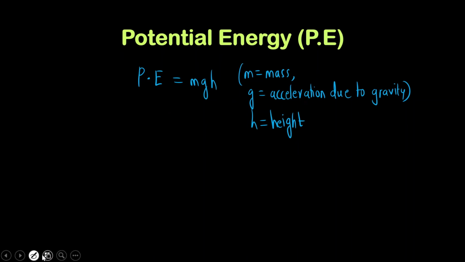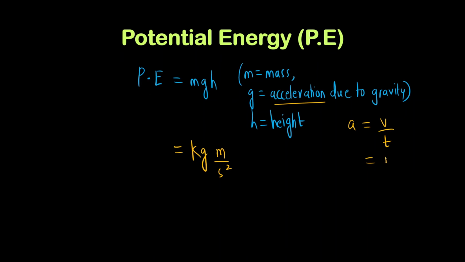So now if I want to find out the units of this, how will I find out? The unit of mass is kg. g is acceleration. What was the unit of acceleration? Meter per second square. How did we get this? Acceleration is velocity upon time.